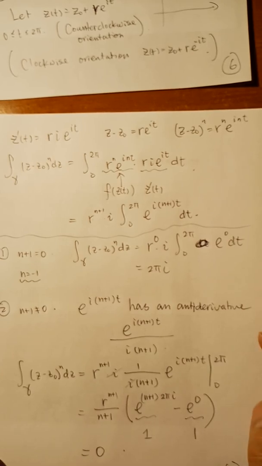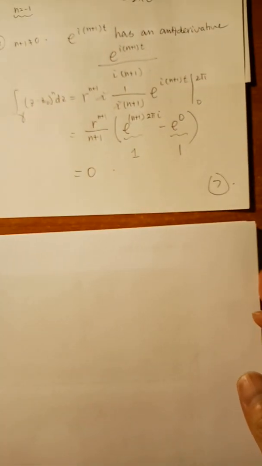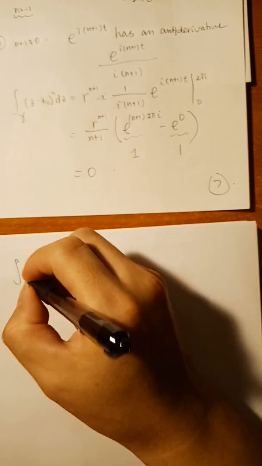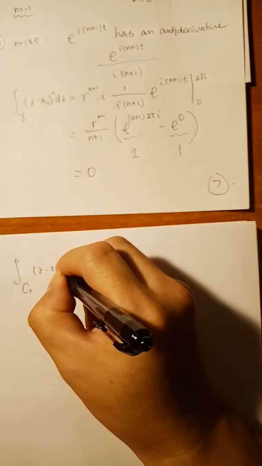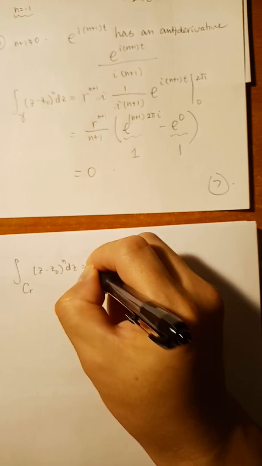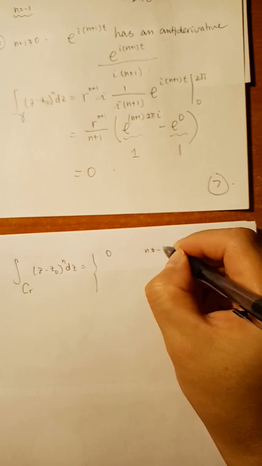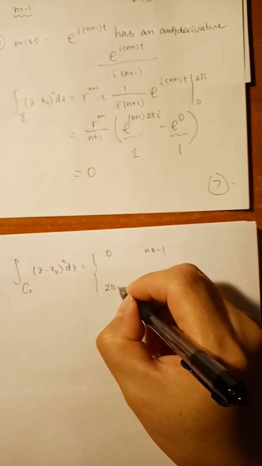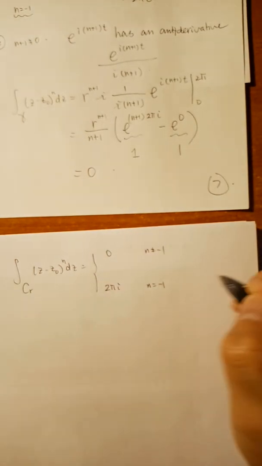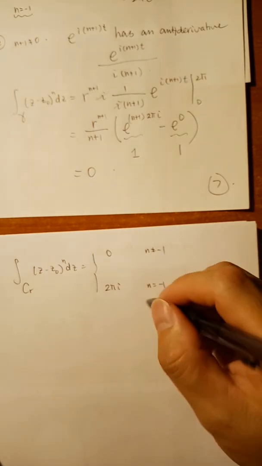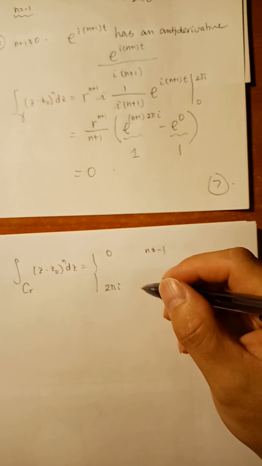If we summarize it, we will have the following. The integral along C_R of (z minus z0) to the nth power dz is equal to 0 if n is not equal to negative 1. It is equal to 2πi if n is equal to negative 1.